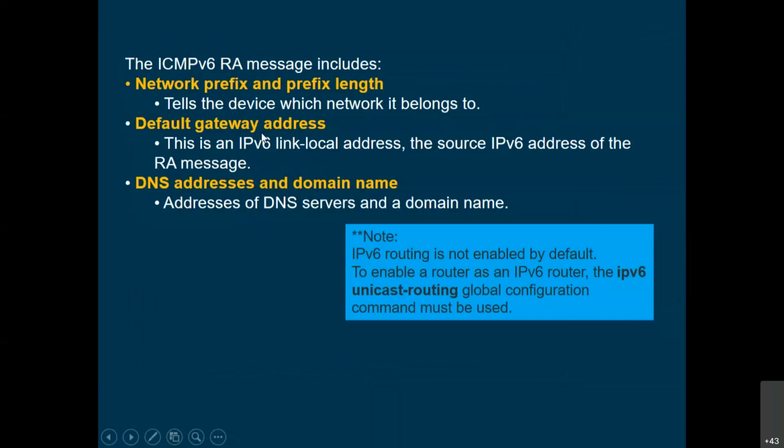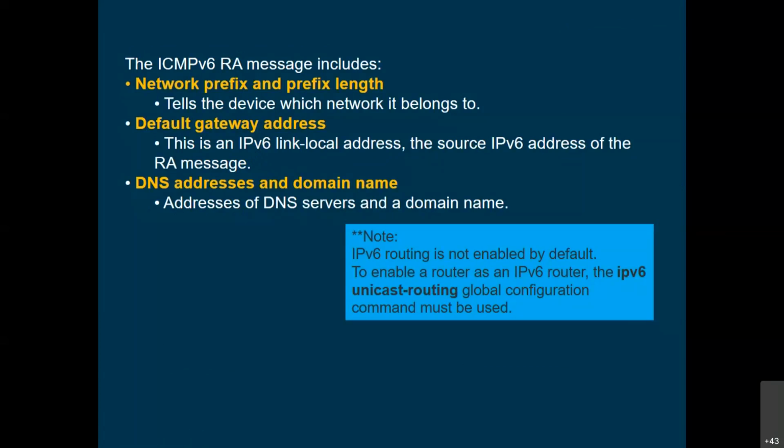Default gateway, which is the link local address of the router, is given. Okay, so the source of IPv6 addresses in the RA messages, and the DNS addresses and domain name, address of DNS servers and domain name. Okay, these are what is in the router advertisement message in IPv6.